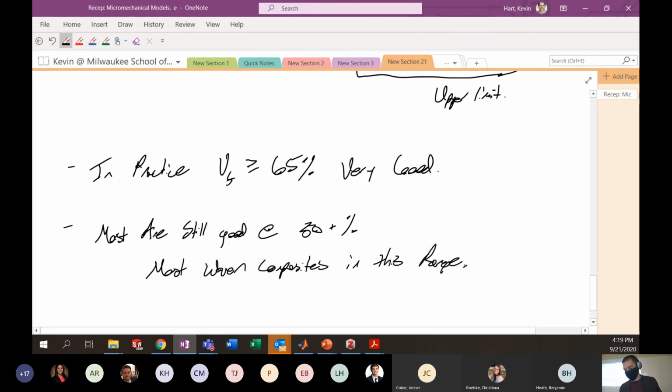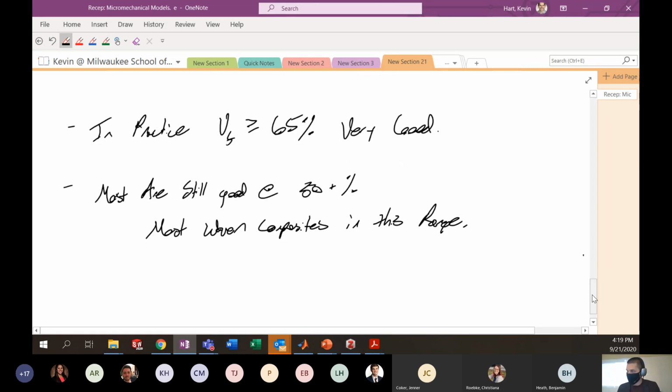You'll get tremendous benefits over aluminum and steel still at 50% volume fraction, right? It's once you get to like 25-30% that you're maybe dancing on the border of having benefits over traditional steels and aluminums, right? You're dancing on it.